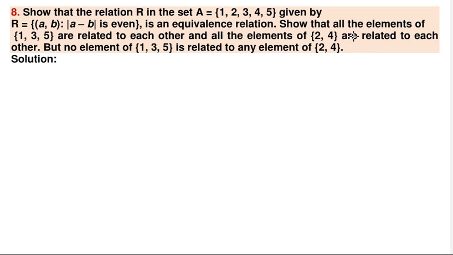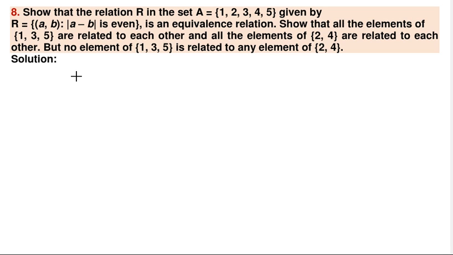Show that all the elements of {1, 3, 5} are related to each other, and all the elements of {2, 4} are related to each other, but no element of {1, 3, 5} is related to any element of {2, 4}. So we have to discuss this after concluding the equivalence relation of the given relation.